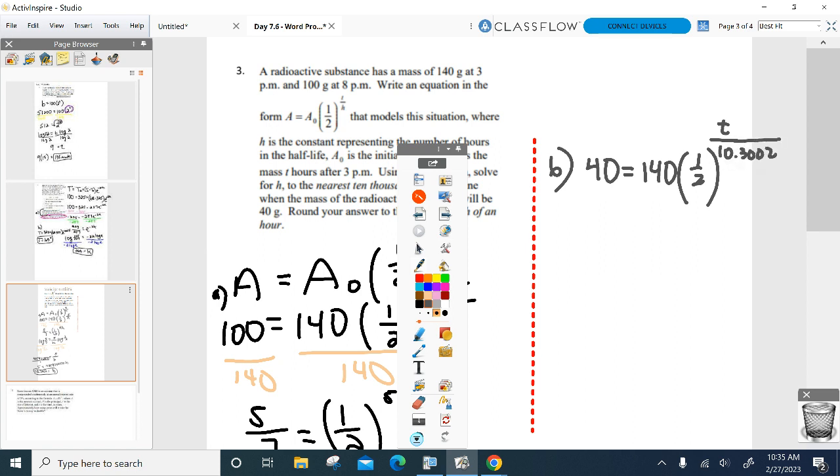I'm not even going to bother. You go ahead and solve it. Not even going to bother calling on numbers. What's your first step? What's your next? We should be good here. Get the 140 out of there again. Log both sides.